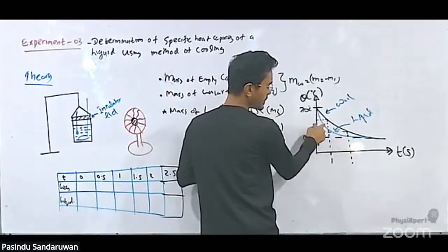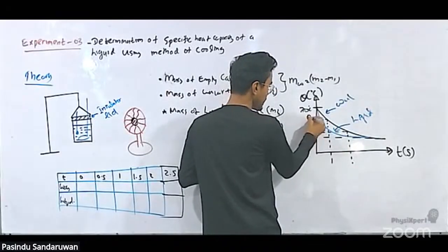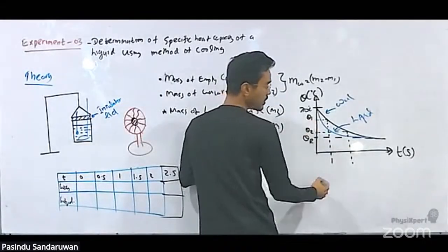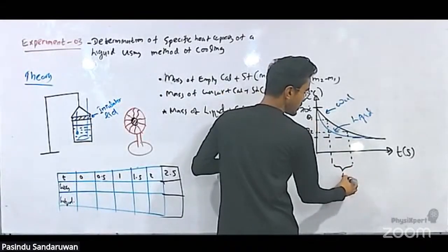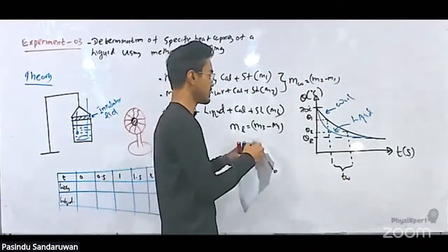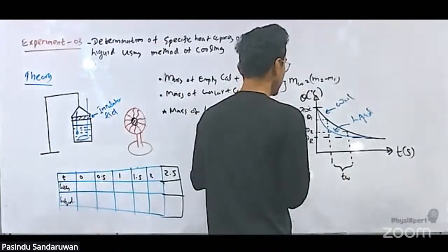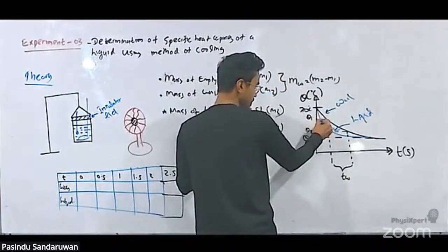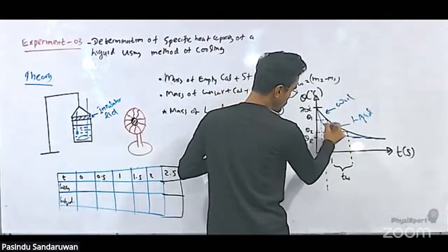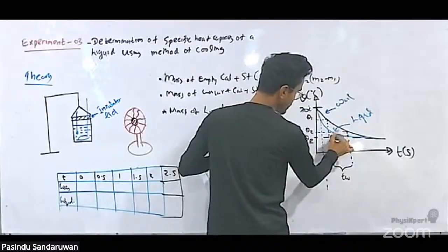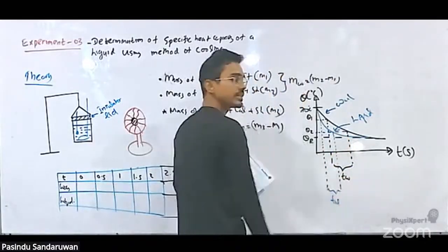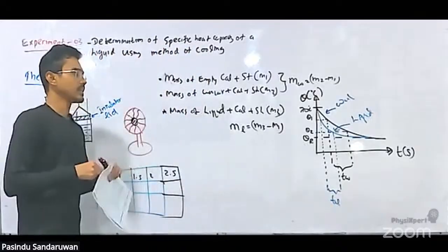Water has taken this much of a time to cool down from theta 1 to theta 2, and during the same range, this liquid has taken a time from here to here, say the time of liquid.